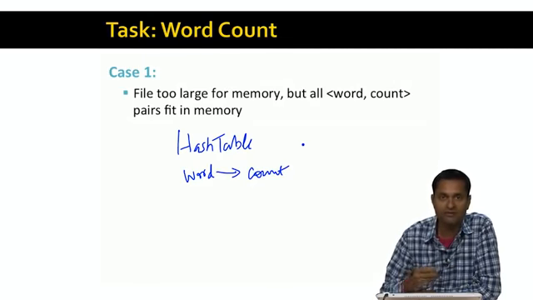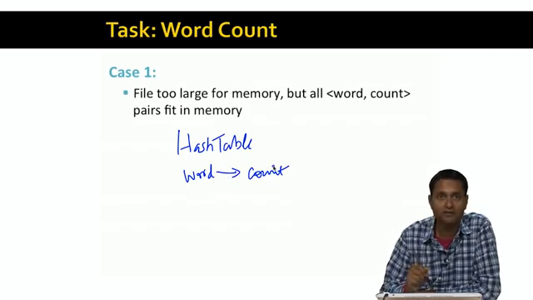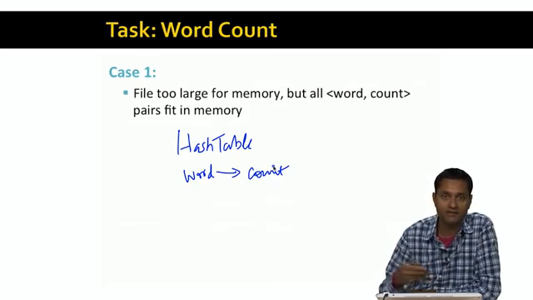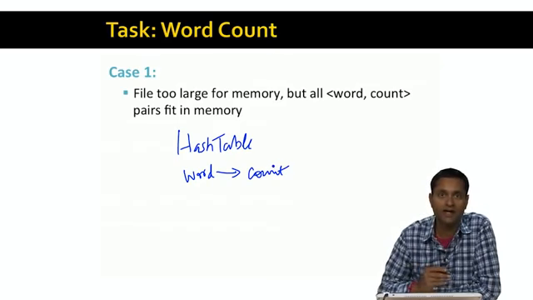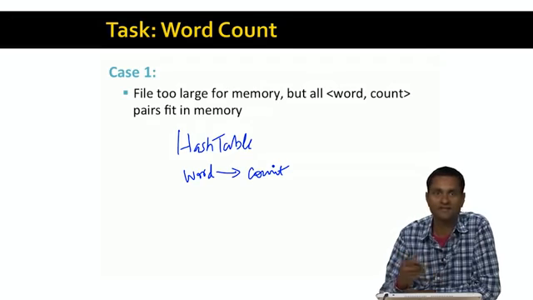So the first time you see a word, you add an entry to the hash table with that word and set the count to 1. And every subsequent time you see the word, you increment the count by 1. And you make a single sweep through the file. And at the end of that, you have the word count pairs for every unique word that appears in the file. So this is a simple program that all of us have written, many times in some context or the other.